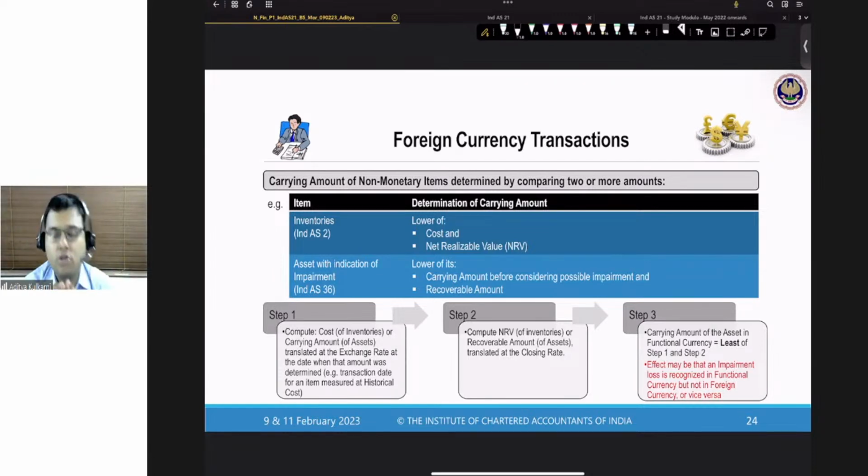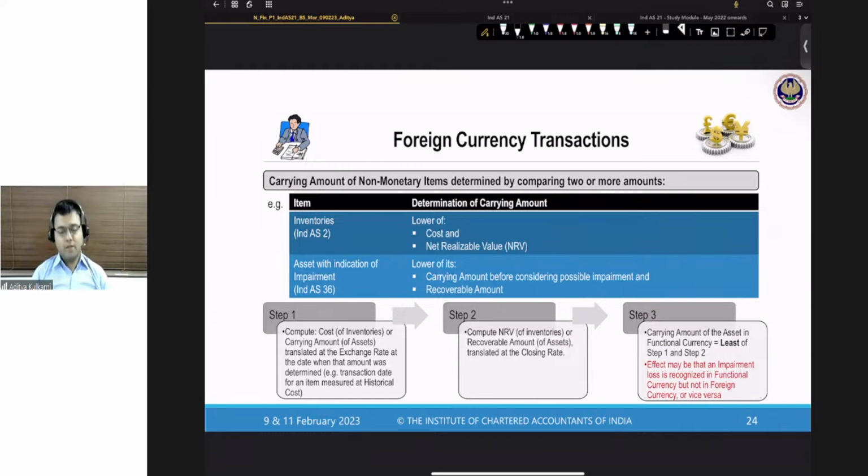So coming back to our discussion, we are having certain amounts where the final amount is based on comparison of two or more amounts, like inventories, cost or NRV, whichever is less. So we measure the cost also, the NRV also. Impairment indication assets, carrying amount before impairment versus recoverable amount.